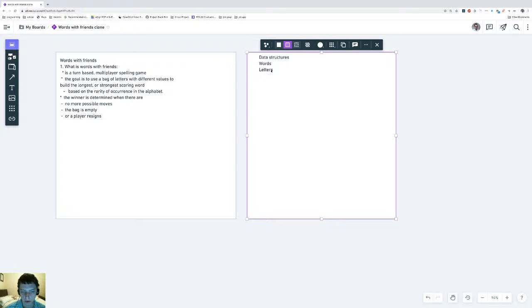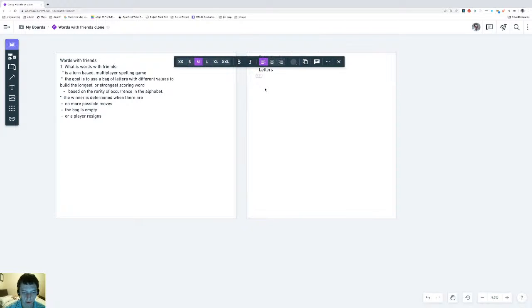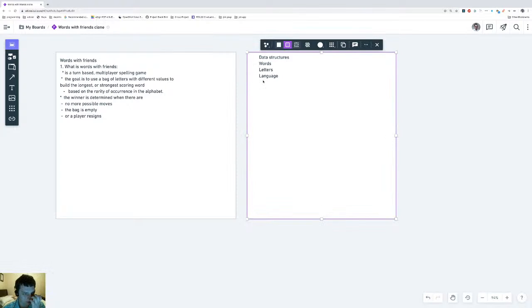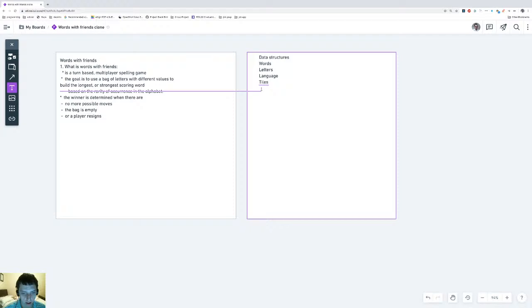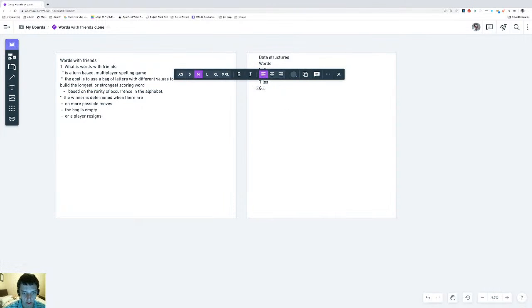We have an alphabet, so we have a language, assuming you need to know what language. This one's going to assume that it's English. It's a tile-based game, and so we're gonna need tiles, and maybe a grid. Tiles are arranged in a grid.